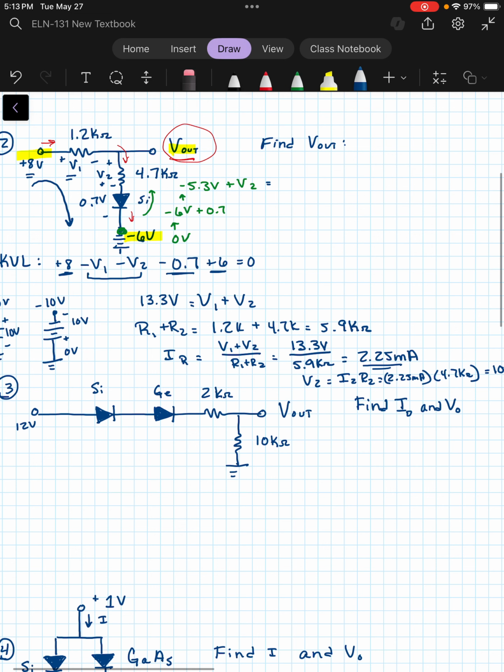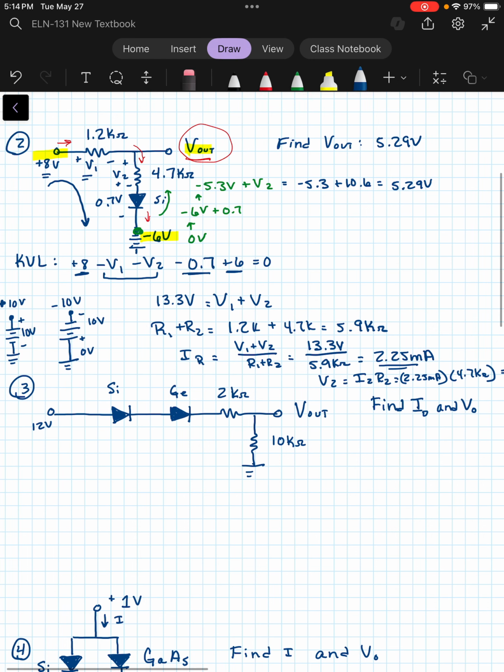So when I add this, minus 5.3 plus the 10.6, I get about 5.29 volts.